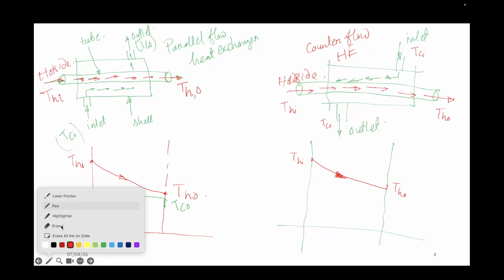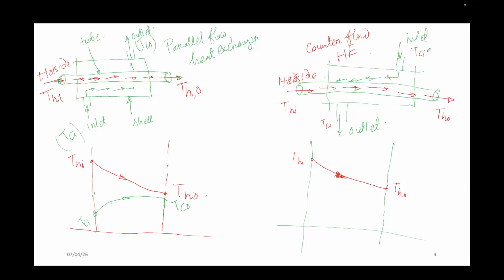Yes. So if this is TCI, what will happen to TCO, whether it will be less or more? If it is a straight line, it will be here, right? This will be TCO.